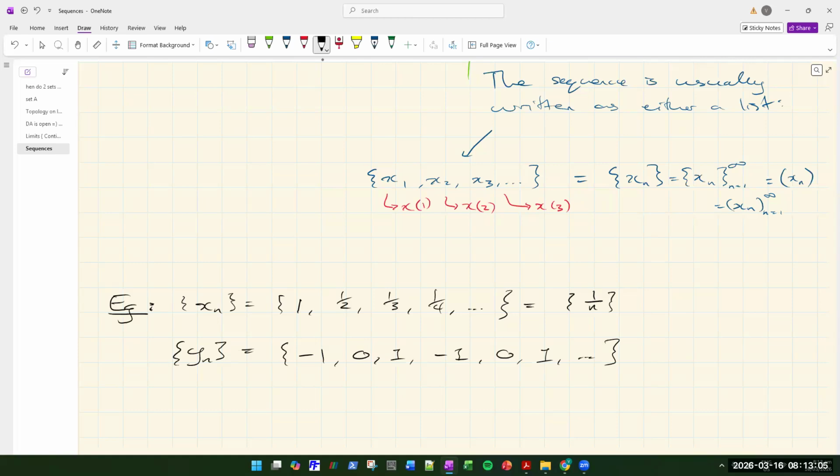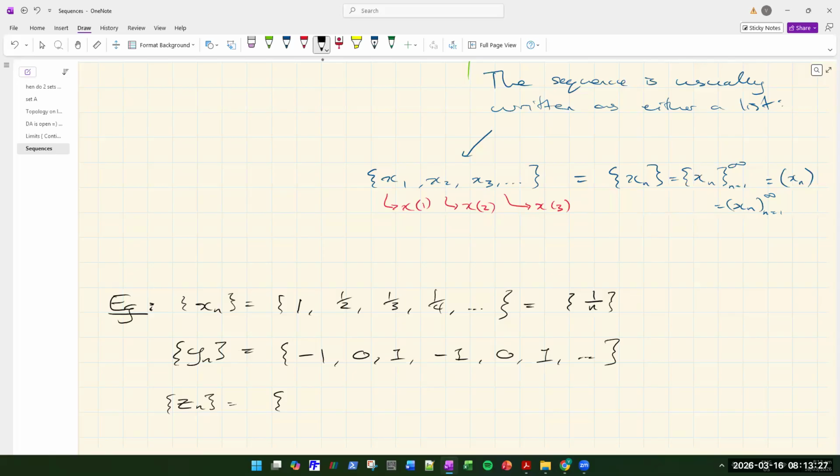So the range of the sequence is again bounded like x. But this sequence seems to be oscillating between three numbers, -1, 0, and 1.